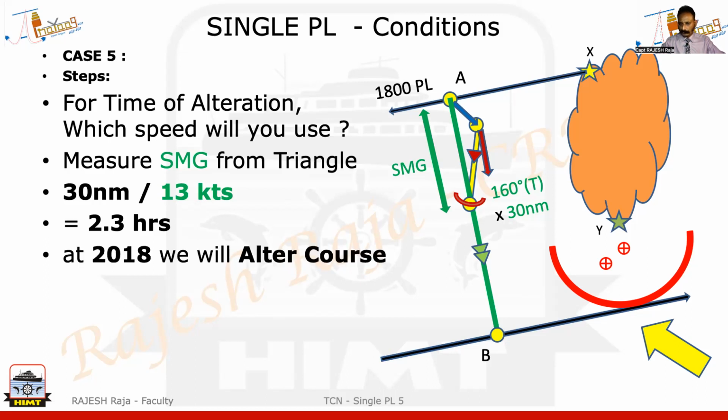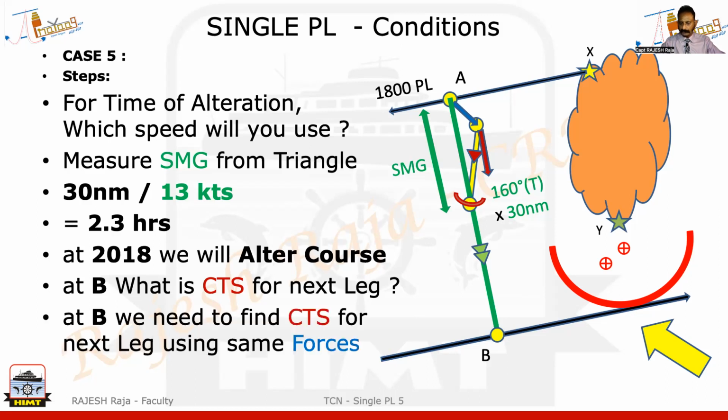So I need to alter course at Bravo. Now, what is the CTS for the next leg? We all saw that if we did not have any forces, the black line which is going tangent, which is exactly the same as 070, is going to be my new course. But in case number 4 itself, we saw we cannot call that the CTS because that becomes the CMG.